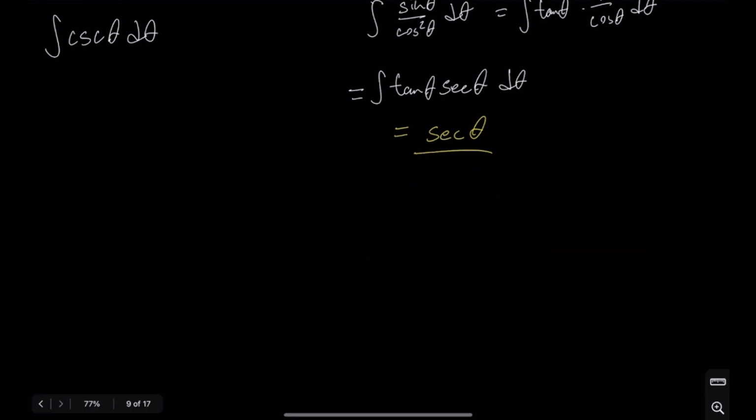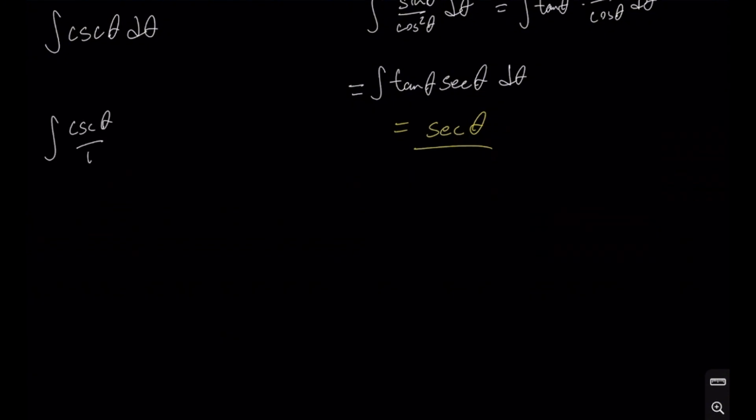So I'm going to do the multiply by 1 trick. I'm going to say cosecant theta over 1 multiplied by negative cosecant theta plus cotangent theta divided by the same thing. So I'm just multiplying by 1, d theta.